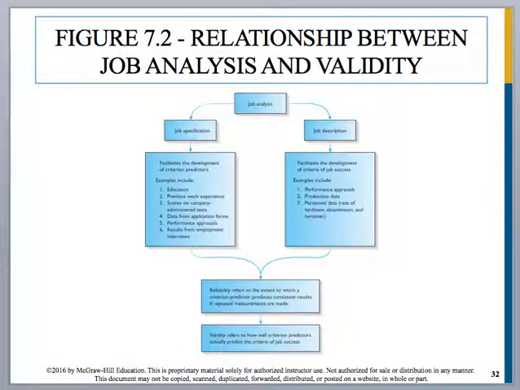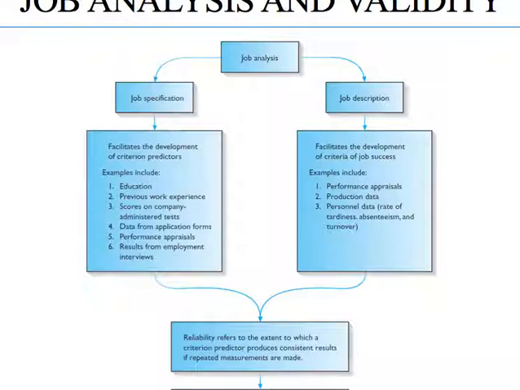So figure 7.2 is looking at the relationship between job analysis and validity, and I will expand this. And you see job specification is going to facilitate the development of criterion predictors. Job description is going to facilitate the development of criteria of job success. So looking at job description, some of those examples would include performance appraisals, personnel data, looking at your tardiness, absenteeism, and turnover.